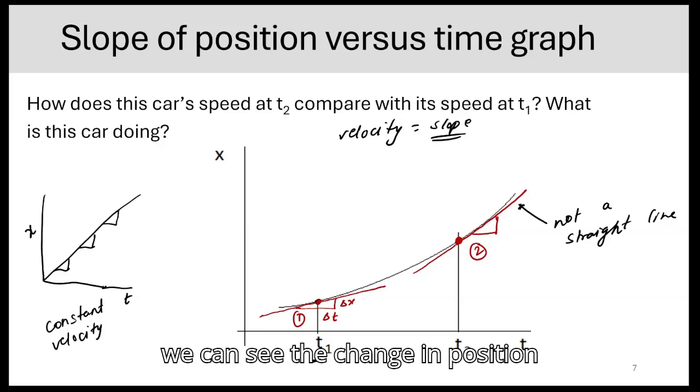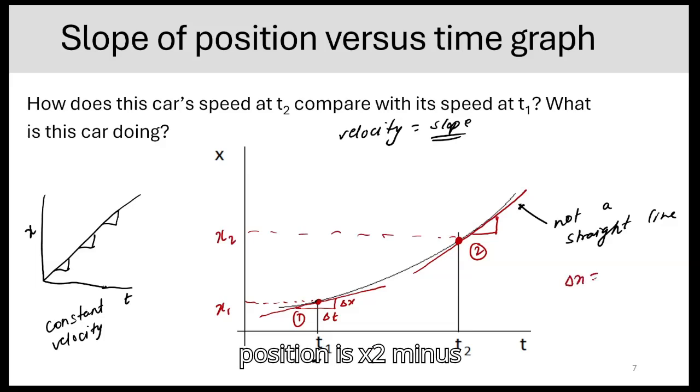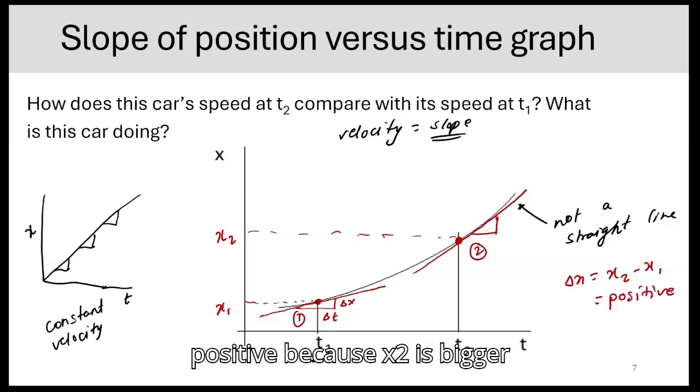And if you look at this case here, we can see the change in position. This is x1, this is x2. Change in position is x2 minus x1. This is positive because x2 is bigger than x1.